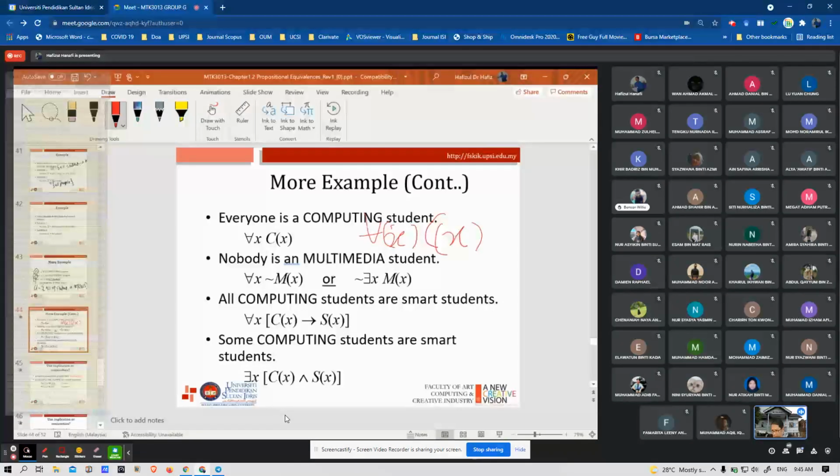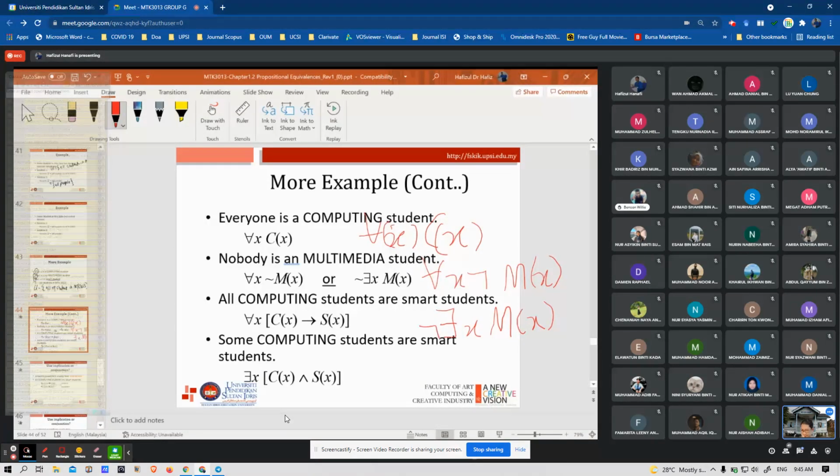And then nobody is a multimedia student. You can have for all x, you negate the Mx, or you can have existential x Mx and you negate. This one is for nobody.